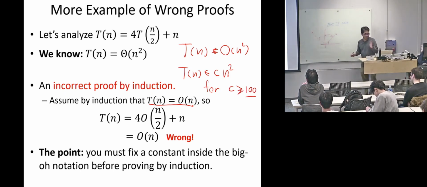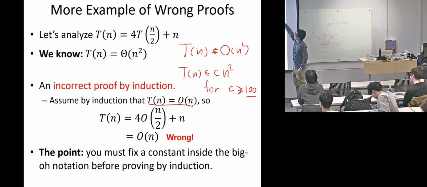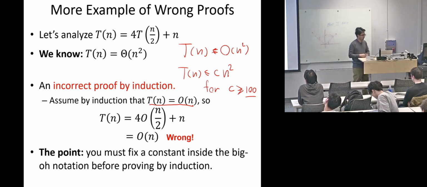When you write O of something, this constant that you hide is a positive constant. Anyway, that's one thing that you need to do when you prove a recurrence by induction. Be careful with the constant in the big O notation.